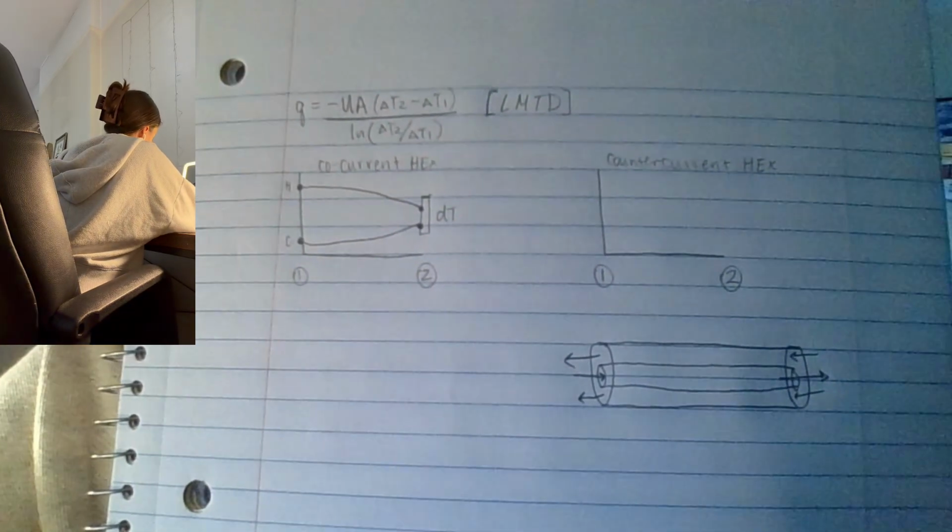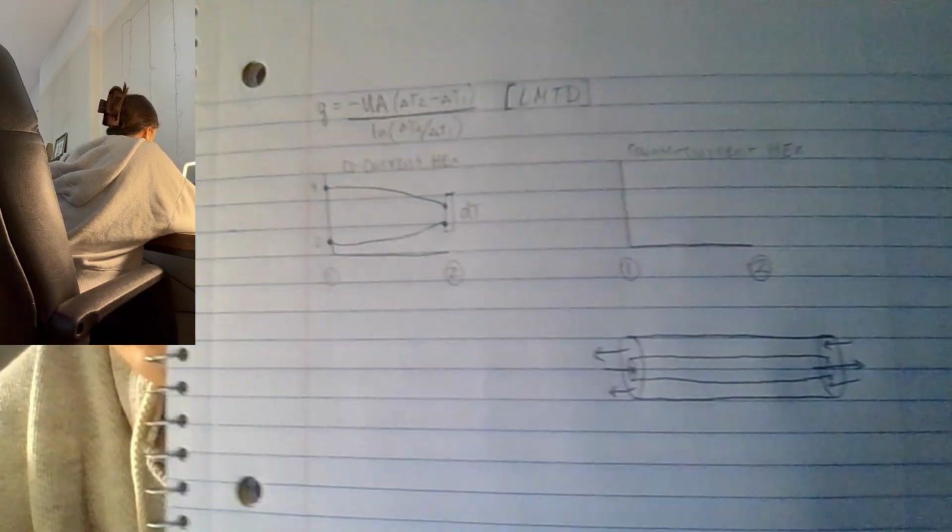So just to give you a little visual of what this looks like, we have our hot stream flowing towards the right, and our cold stream flowing towards the left. So they're going to be countercurrent, going opposite directions of each other.